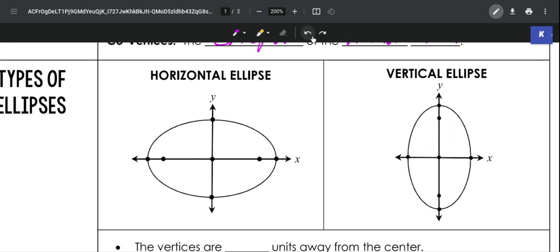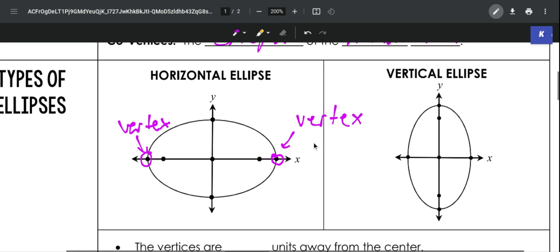So when we dive into labeling each of these, looking at the horizontal ellipse, since this line of symmetry is longer, that's our major axis, so these two points here and here are the vertices. That's a vertex, and that's a vertex.